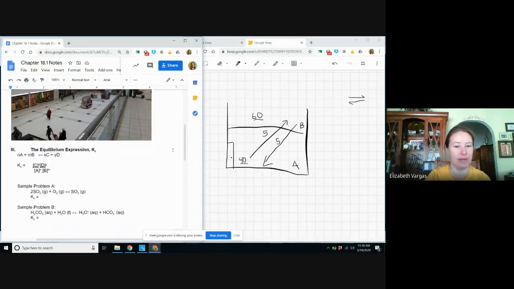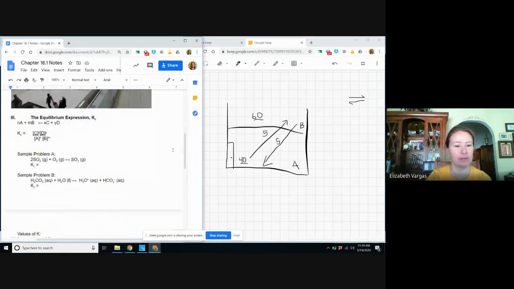Okay, so this is the math part of the chapter. And it's actually not that bad. Equilibrium constants are pretty easy calculations to do, even in AP Chem. We can get those equilibriums pretty easily. So here is our made-up reaction.